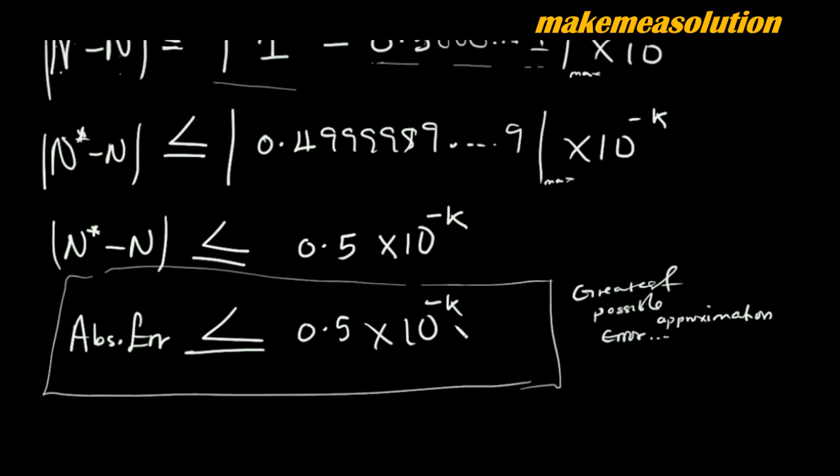Whenever we round a decimal number to k decimal places, this is at best the highest error that we can get, and the error is dependent on the number of decimal places k. So this is the theoretical analogy to solving this particular problem.